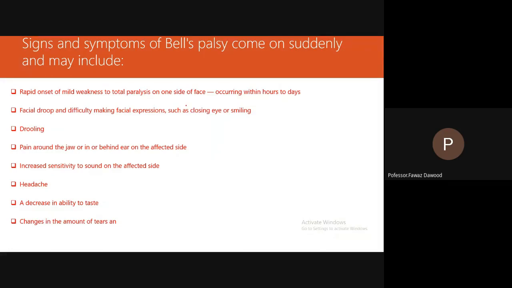And the patient may attend complaining of the following: weakness of the muscles of the face, swelling, facial drooping, and sometimes when we take a history, we find that the taste of the patient is affected, even changes in the amount of tears.